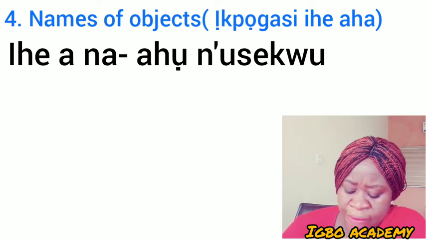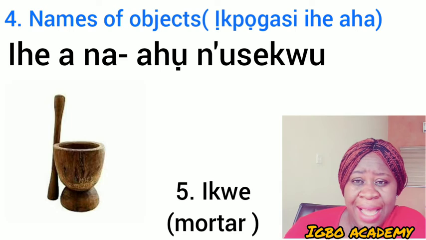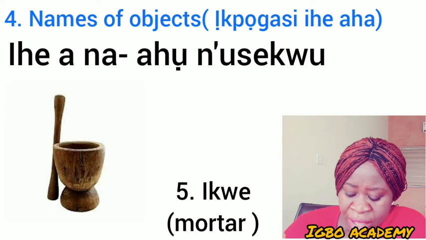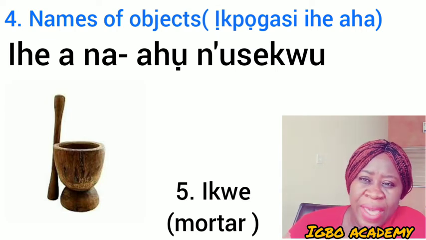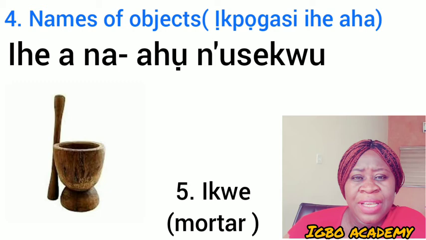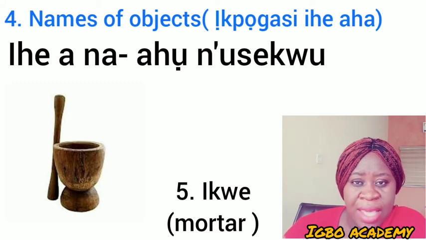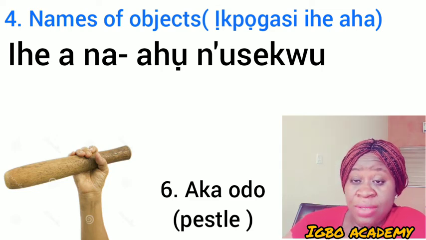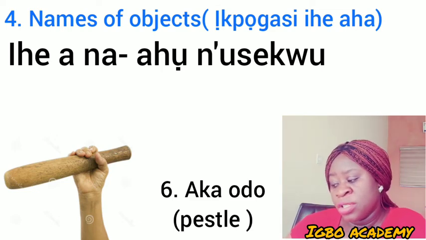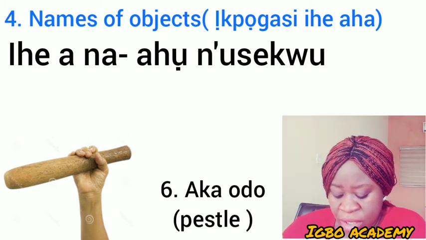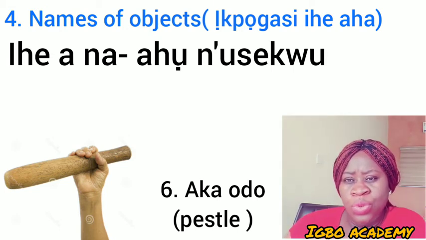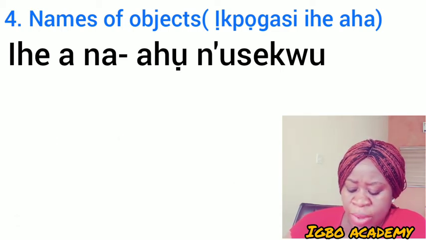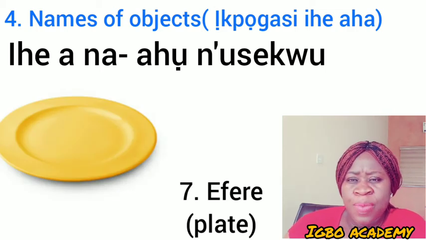Then number 5 is mortar, the mortar you use in pounding, and it is called ikwe. Then number 6 is the pestle, called odo or akodo.